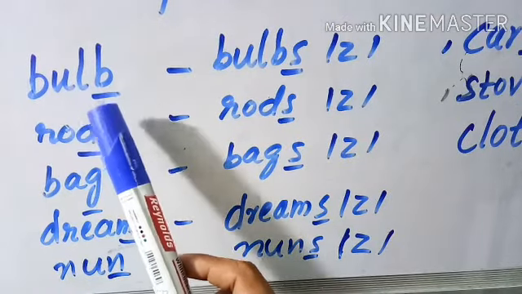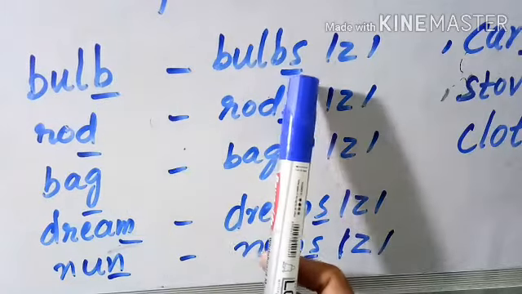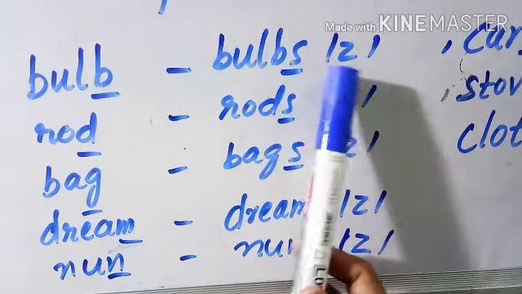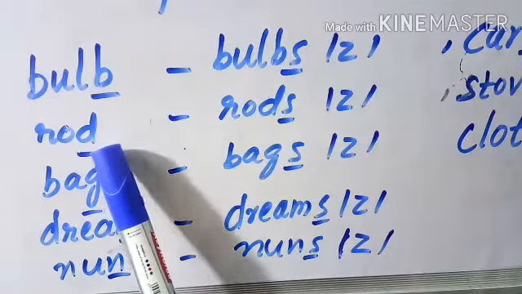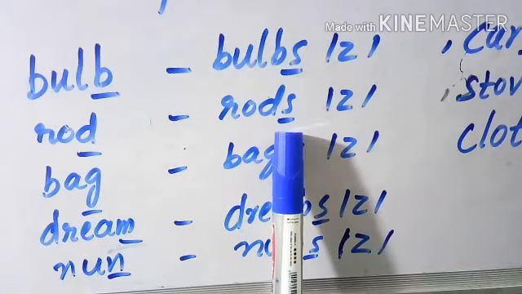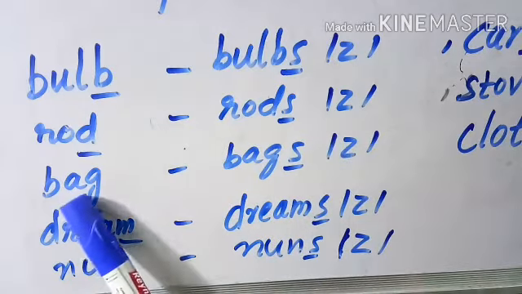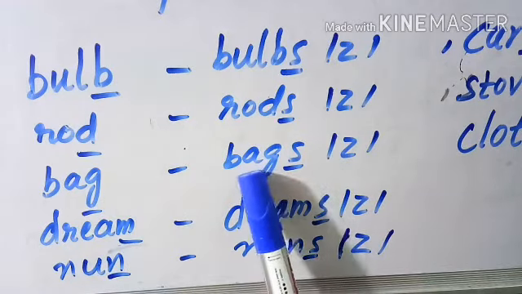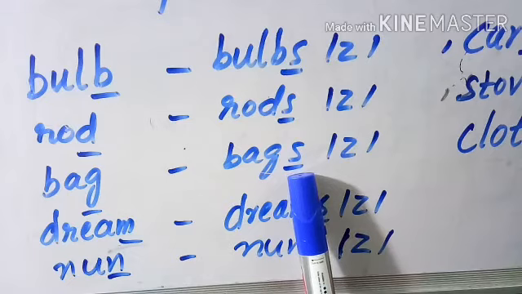It should be z: bulb, bulbs, not bulbs with an s sound. Bulb is a voiced sound, and the s becomes z, bulbs. Rod, d, voiced consonant, rods, not rods with an s. Bag, voiced consonant, bags.